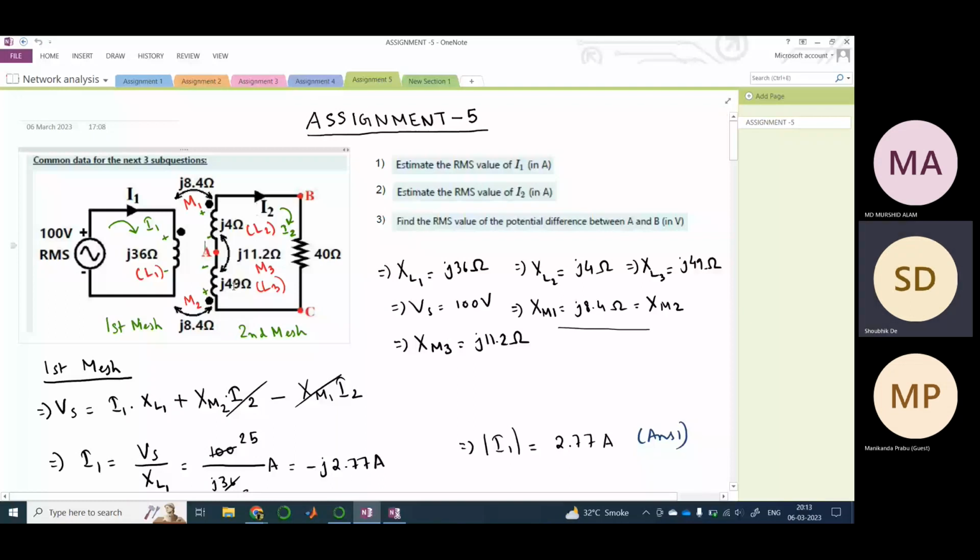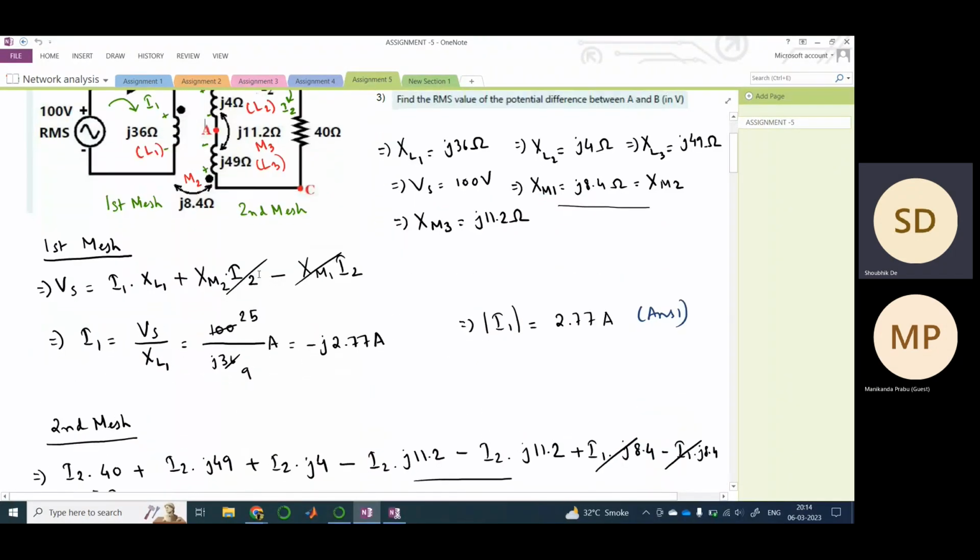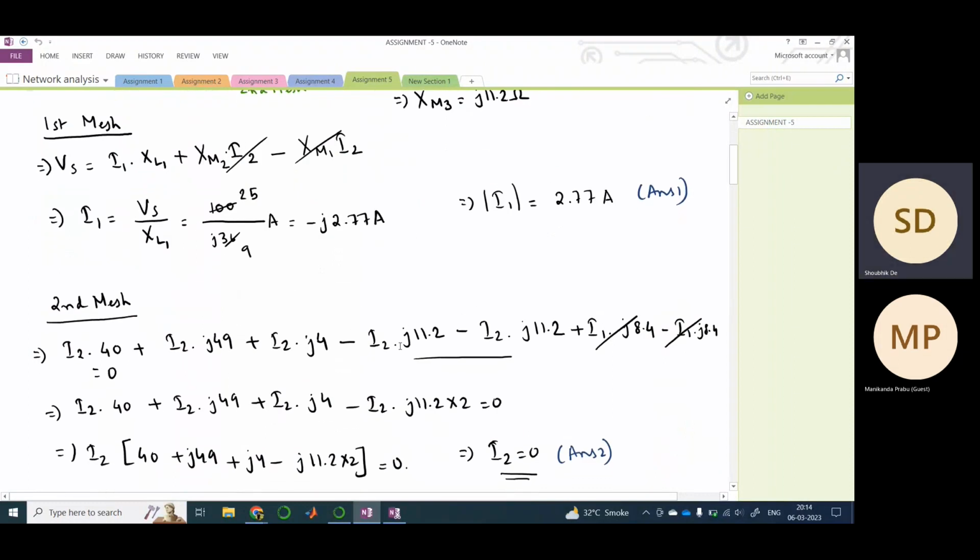Both these two things, because we are considering both the inductors in the same mesh, and both are coupled oppositely, right? They are mutually coupled but in the opposite manner. Why? Because I2 is entering through the positive terminal of L3 and it is entering through the negative terminal of L2. That is why minus I2 into J11.2, again minus I2 into J11.2.